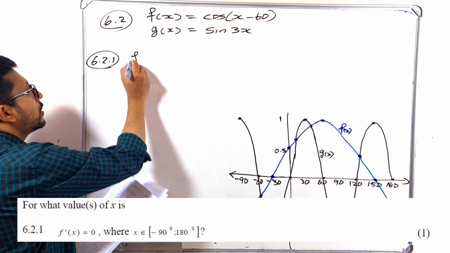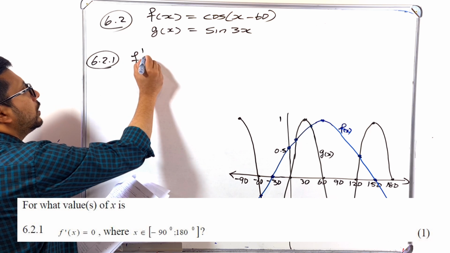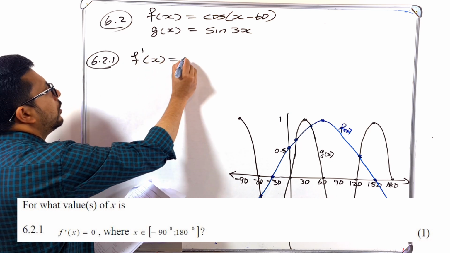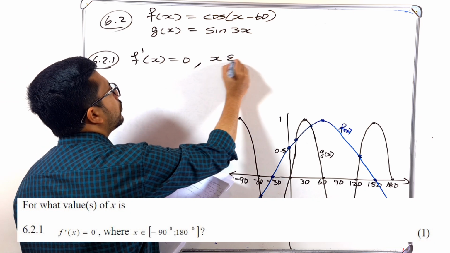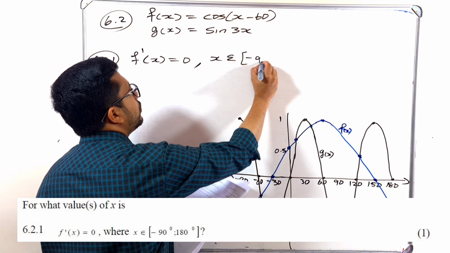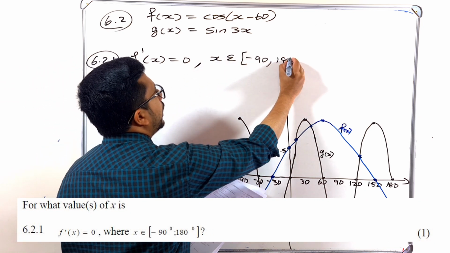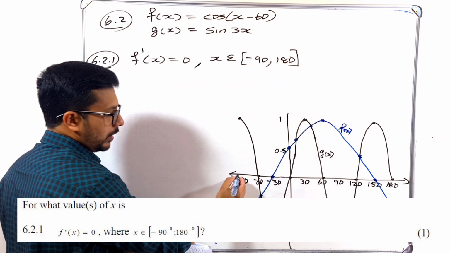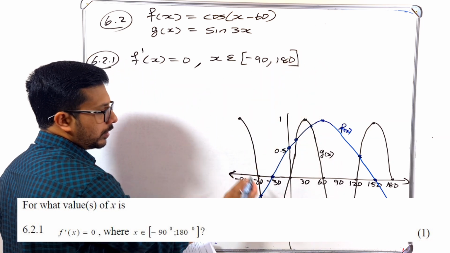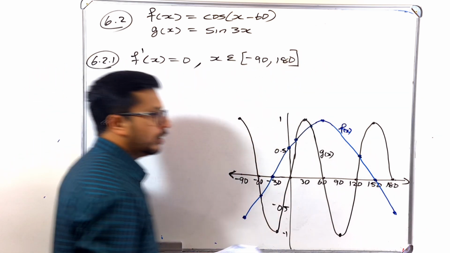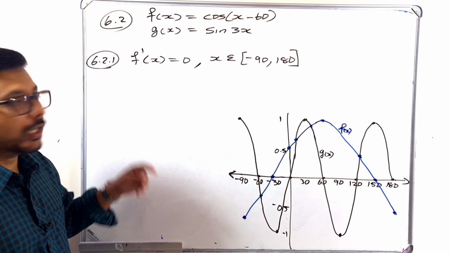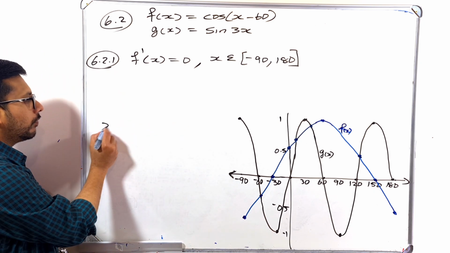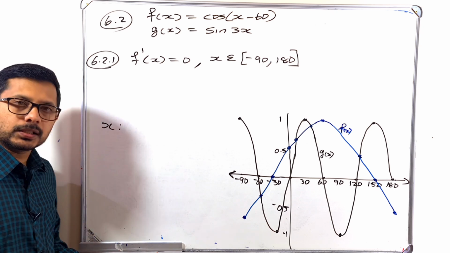For what values of x is f dash of x equal to 0, where x is an element of minus 90 to 180? This is minus 90 and this is 180. So between minus 90 and 180, what are the values of x?